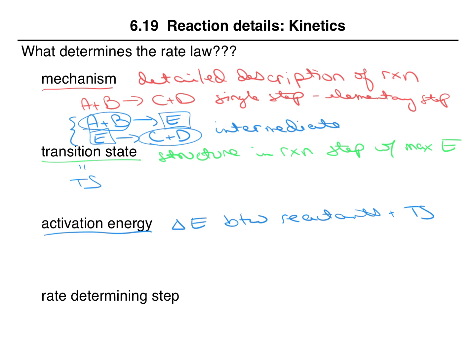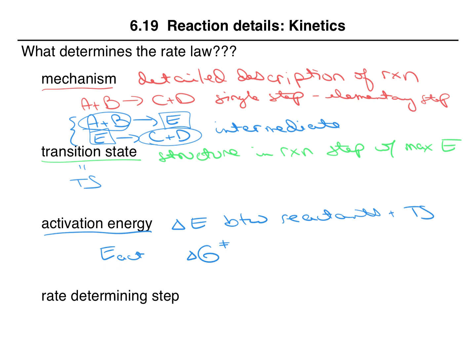So I usually use EACT for activation energy. The textbook uses delta G double dagger. So the delta G is the Gibbs free energy, and the double dagger refers to the transition state. I would say that I would try to use a delta G double dagger, but habit, I'm just going to use EACT. So just be aware of that.